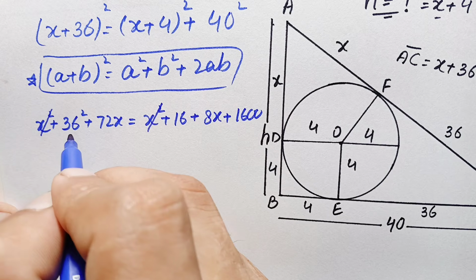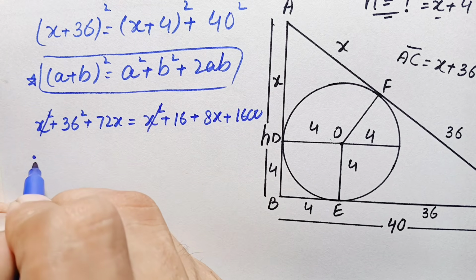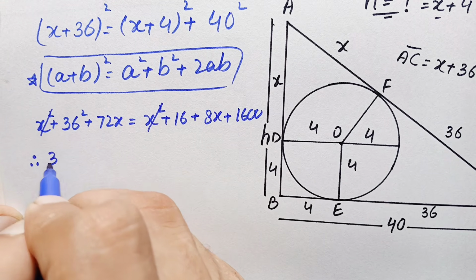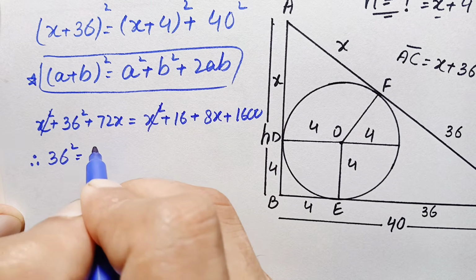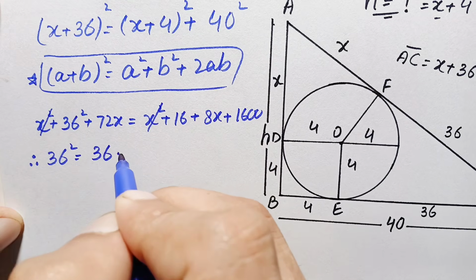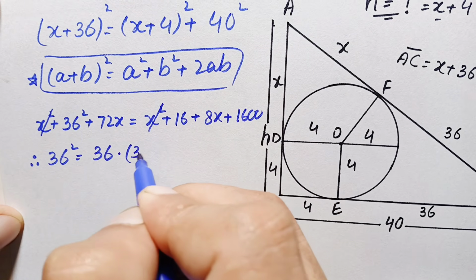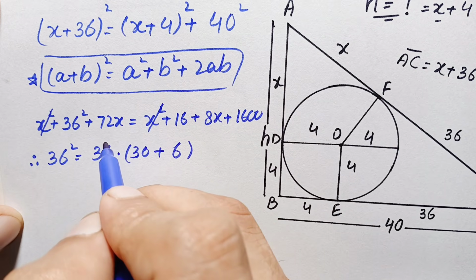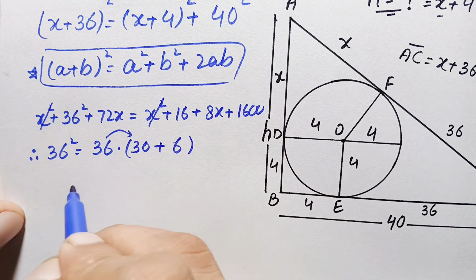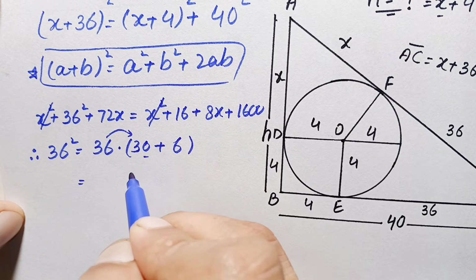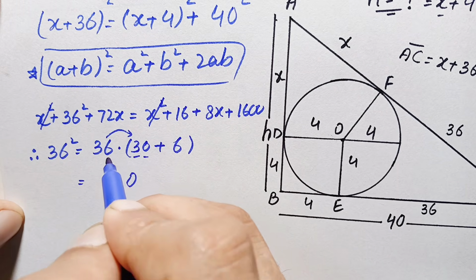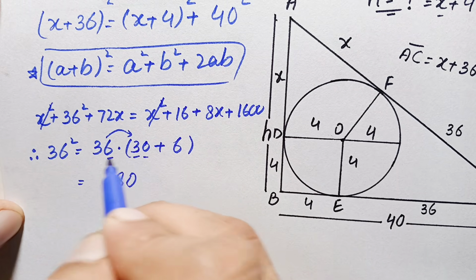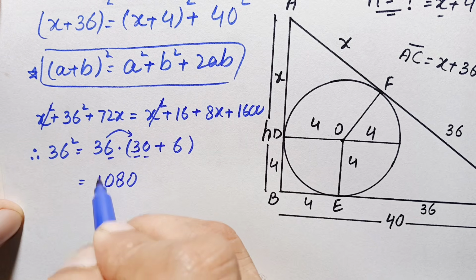Here we have to find the value of 36 square. We can write 36 square as 36 times 36, but we can write the second 36 as 30 plus 6. Let's multiply this 36 first with 30, so that is very easy. 36 times 0 is 0. 3 times 6 is 18, 8, and 1 will be carried. 3 times 3 is 9, 9 plus 1 is 10.